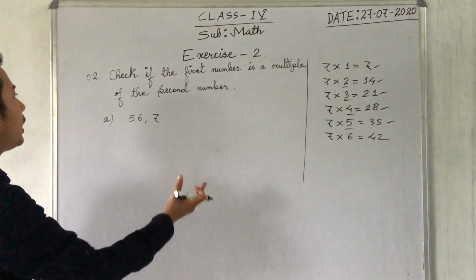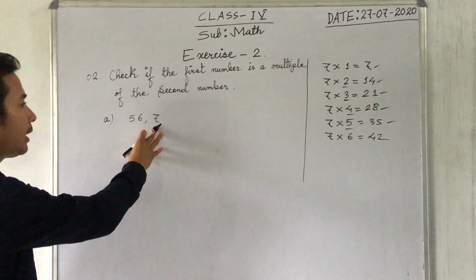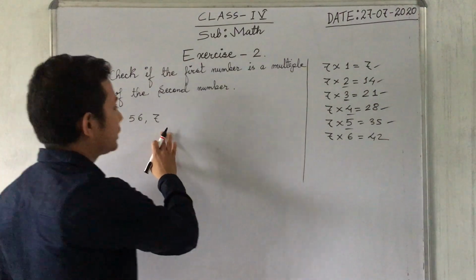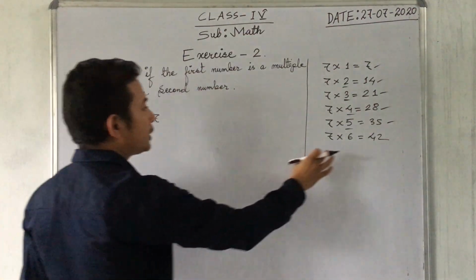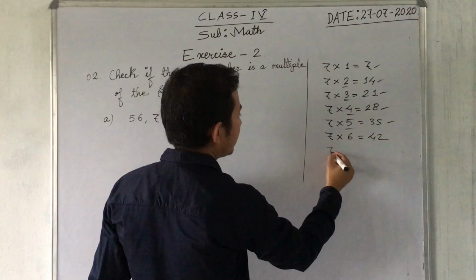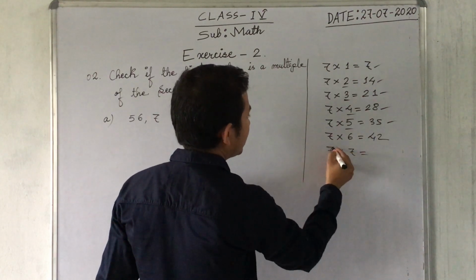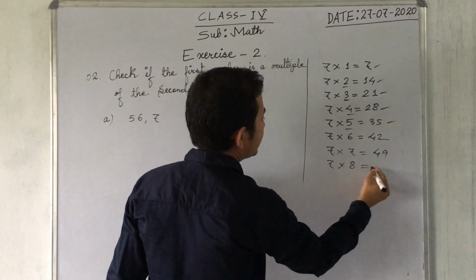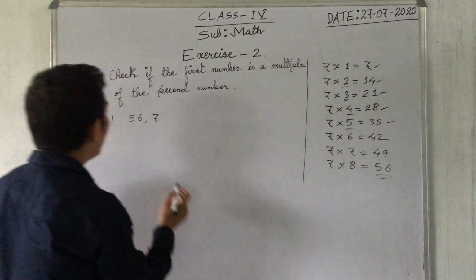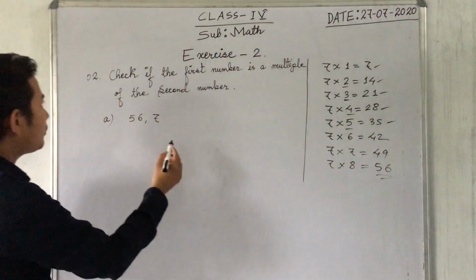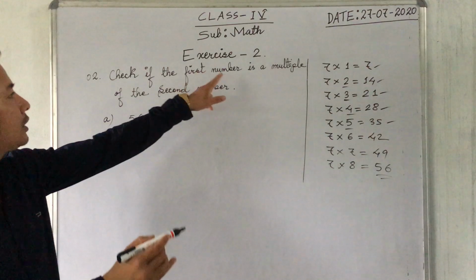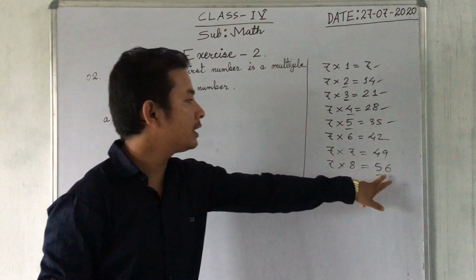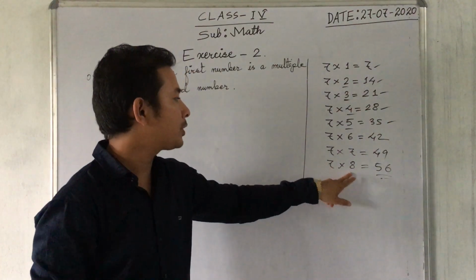For that we need to know the table of the second number. The second number is 7, and I have already written the table of 7 here. So 6 times 7 is 42 and 7 times 7 is 49. Look, 8 times 7 is 56. 56 is here. That means they are telling us to check if the first number is a multiple of the second number. The first number is 56 and in the table of 7 there is 56. 8 times 7 is 56.